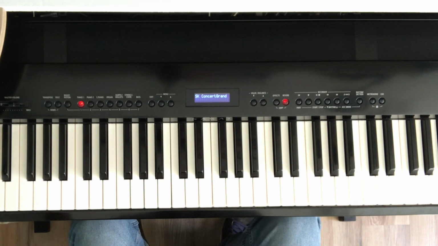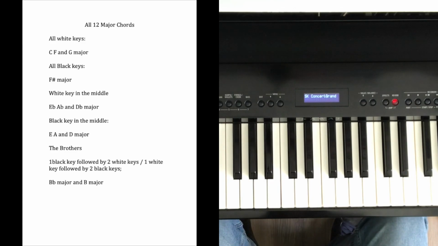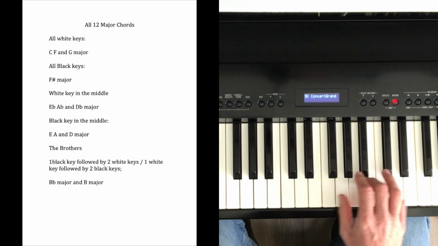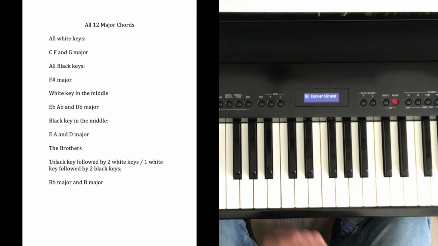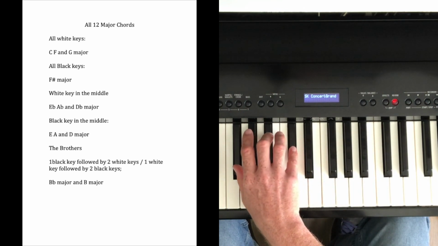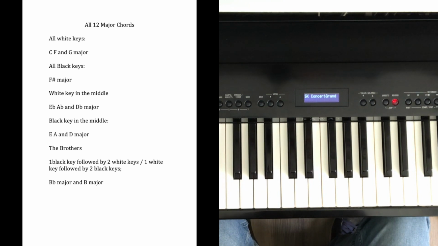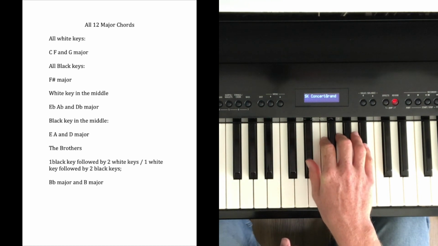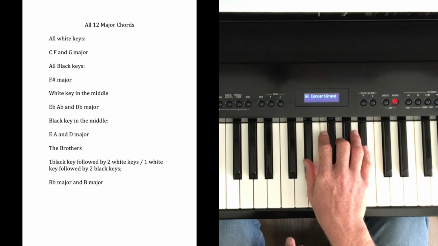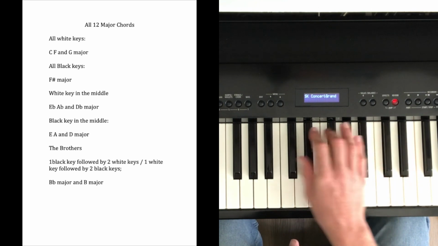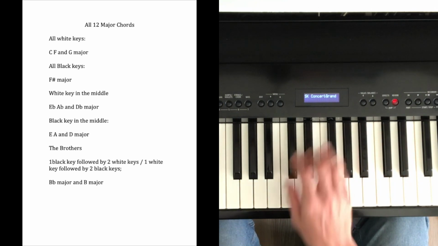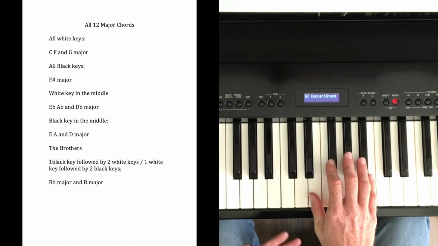I'm going to put this little chart up, you should see it on the screen now. So you've got the all white keys, which is where you get your C, F and G major. The all black keys is your F sharp major. Your white key in the middle is where you get your E flat major, A flat major, D flat major, and then your black key in the middle, you get 3 chords there.